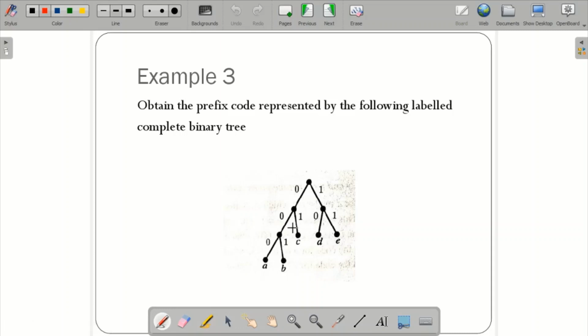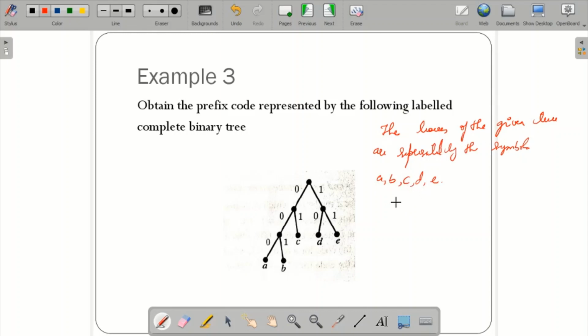The leaves of the given tree are represented by the symbols A, B, C, D, E. For this you have to find the code.